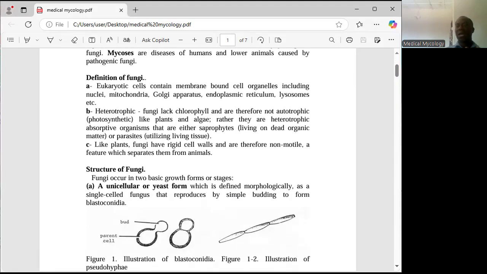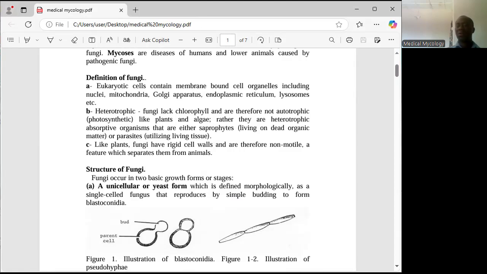Fungi are eukaryotic cells that contain membrane-bound cell organelles, which include nuclei, the mitochondria, the Golgi apparatus, the endoplasmic reticulum, the lysosome, and others. They are also heterotrophic, meaning that they lack chlorophyll.